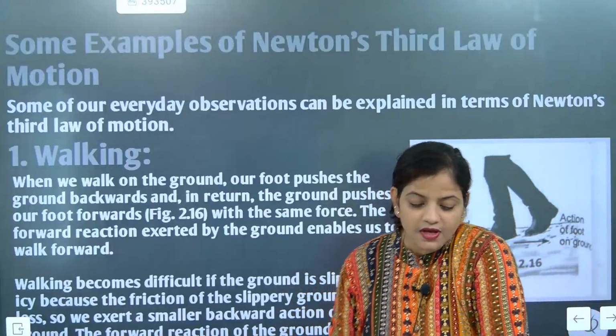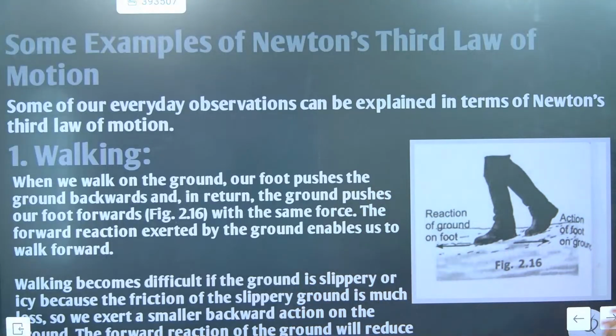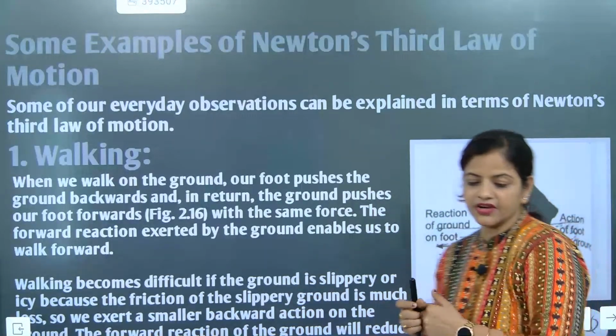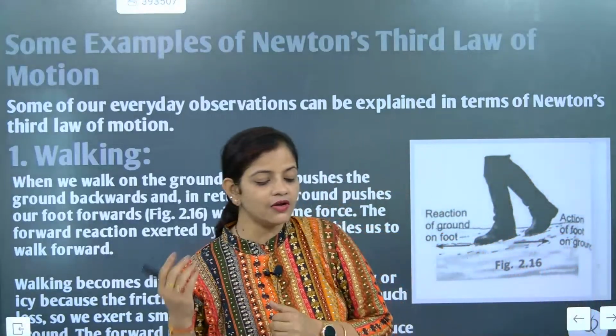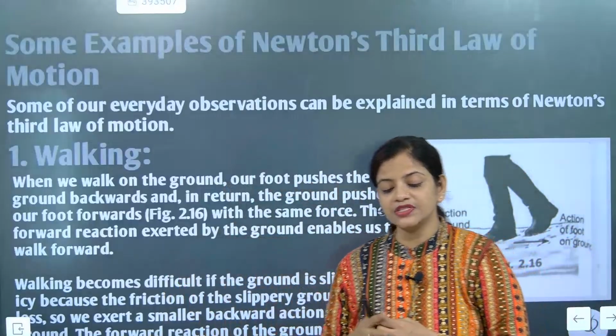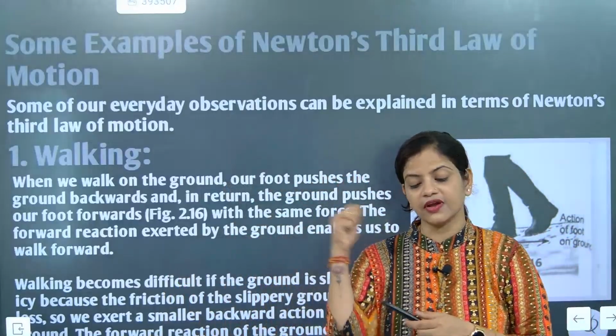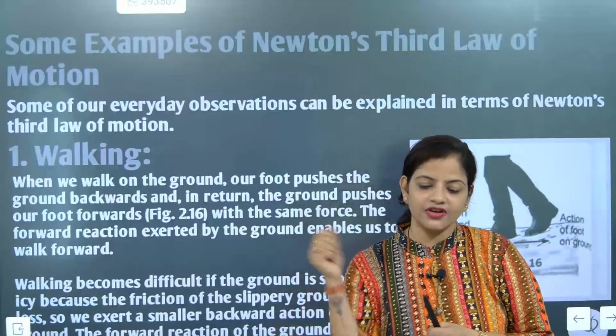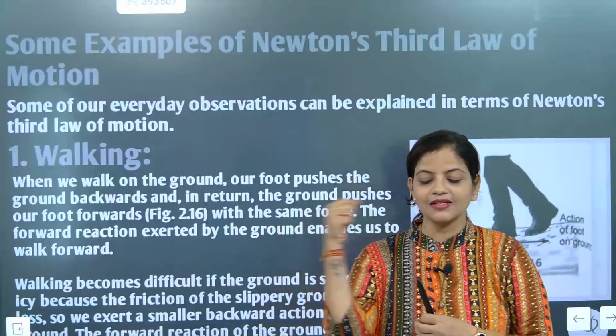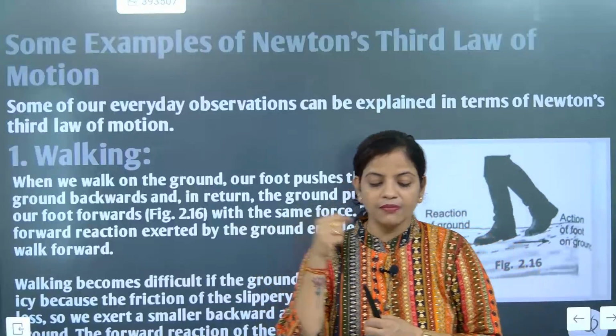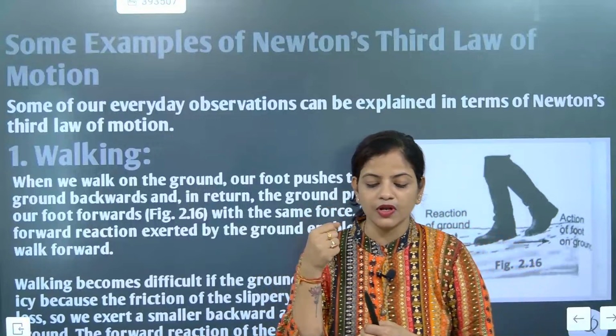Now look here, beta. We are going to understand our everyday observations about action and reaction. Can you tell me where action and reactions are there? You will say that action and reaction are there every day. If I take a brush and try to brush my teeth, action and reaction are both there. Until I apply force, my brush will not move and the teeth will not get cleaned.